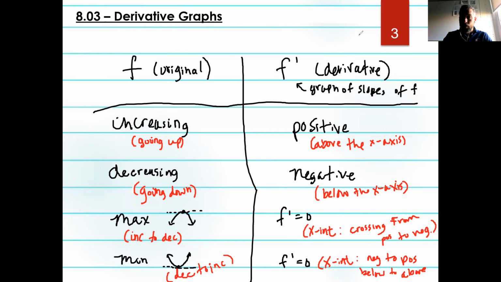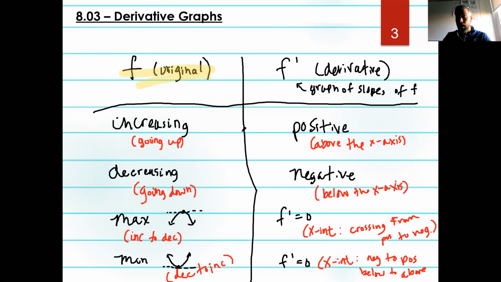Now, what I'm going to have you do later today is make some claims. You're going to have to look at a graph, let's say an f graph, an original function graph. And you're going to have to notice, okay, what is happening if my original graph is increasing? What will that then tell me about my derivative graph? What would that look like on its own graph?